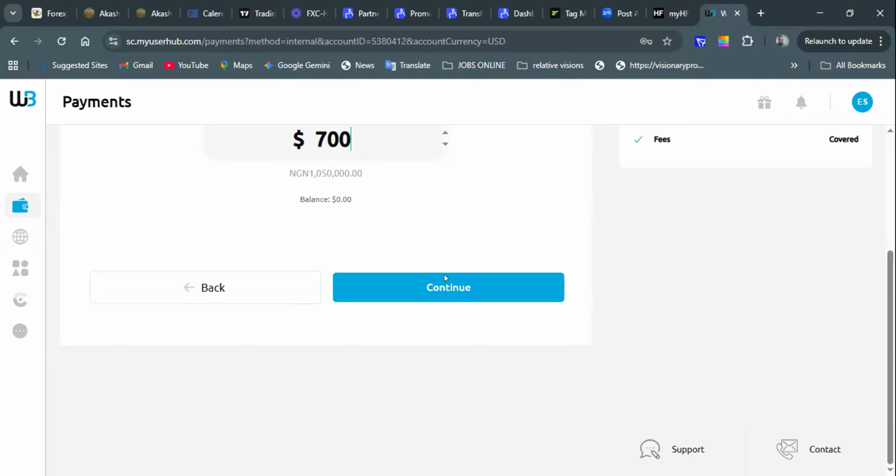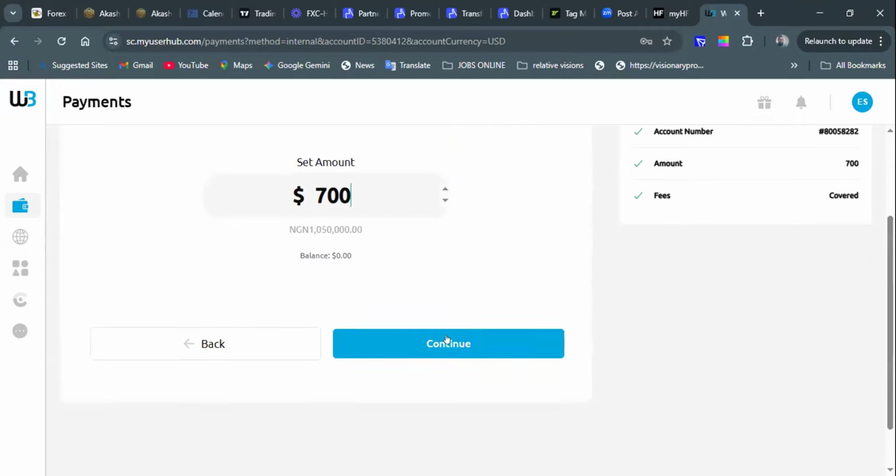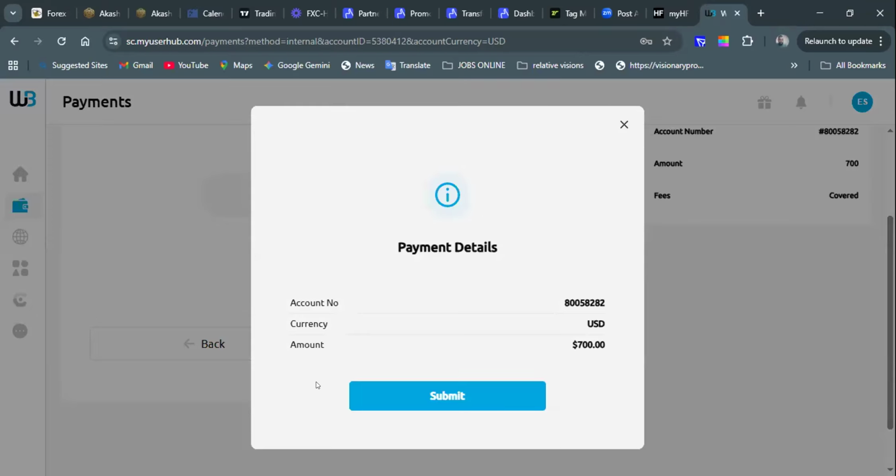So you can just click on continue. Then it will show you the account number you should pay to, and then you pay to the account, and boom, you're good. So it shows you to confirm, and then if you say submit, it will bring up the account number. It's loading it.